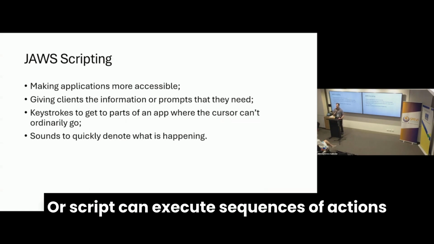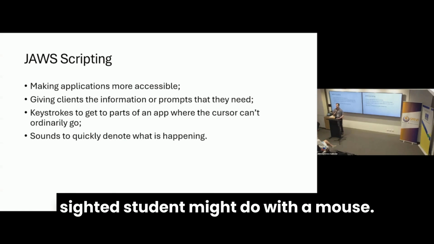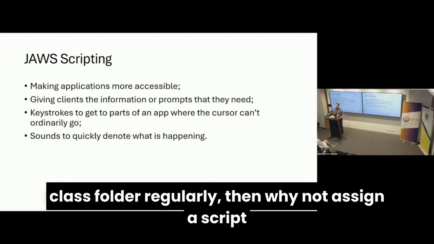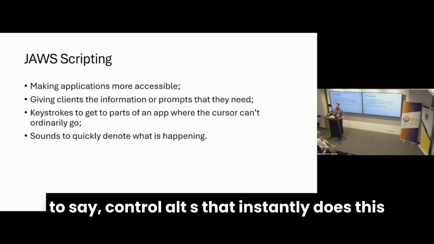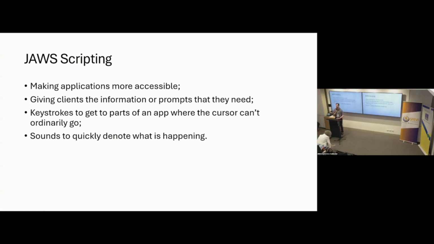Or scripts can execute sequences of actions with a single command, emulating what a sighted student might do with a mouse. If a student needed to access their online science class folder regularly, then why not assign a script to, say, Control-Alt-S that instantly does this, rather than them having to tab 26 times?